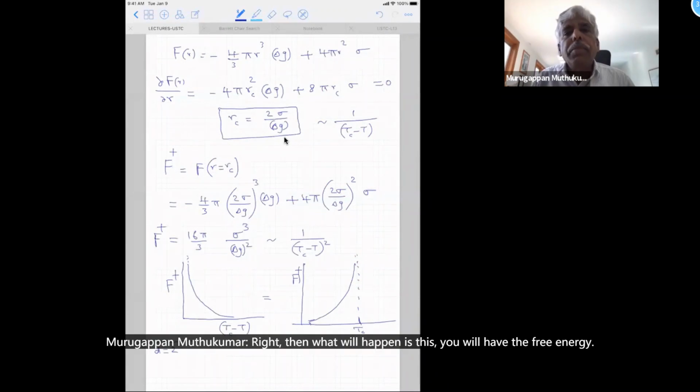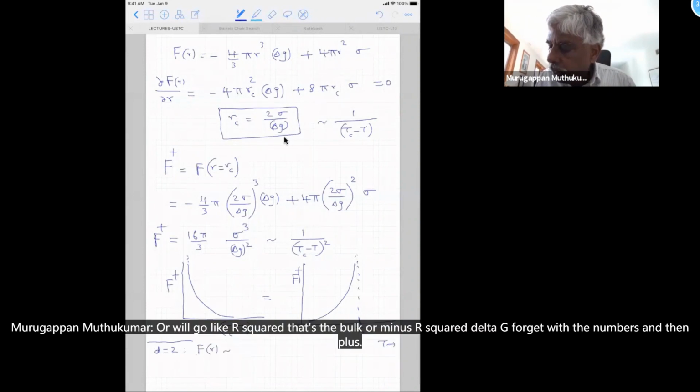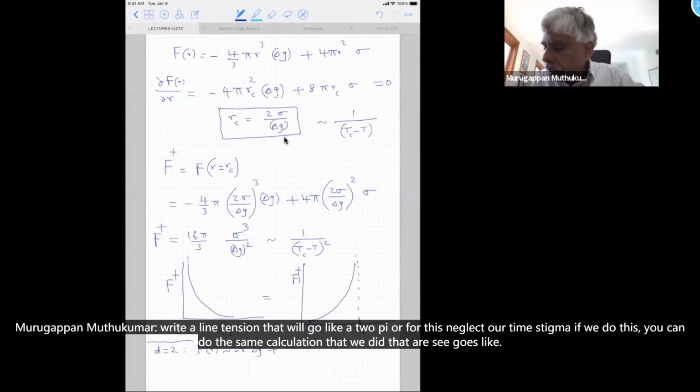Then what will happen is this. You'll have the free energy as a function of R go like R squared, that's a bulk term, minus R squared delta G, forget about the numbers. And then plus a line tension, that will go like 2 pi R for a disk, that will go like R times sigma.